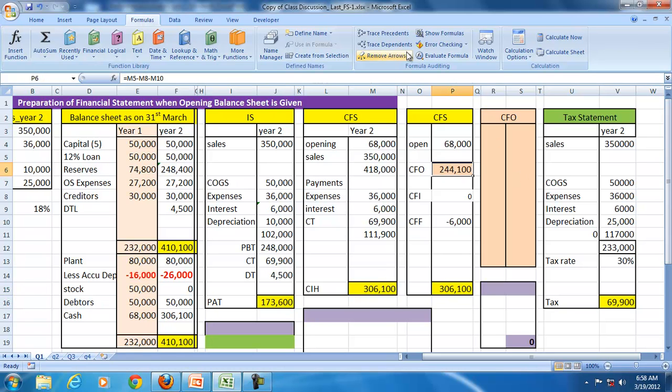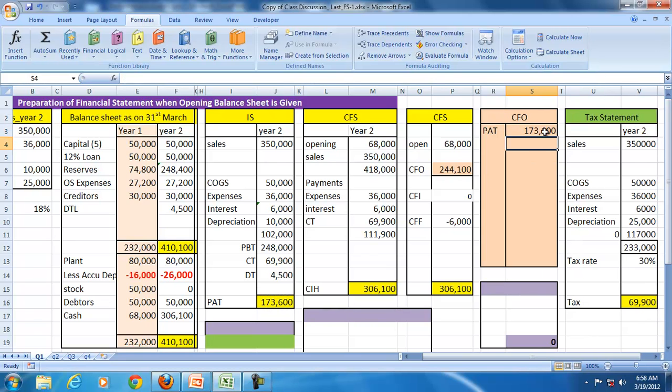But the business has generated a cash from operation of 244,100. At this juncture, we should also be in a position to answer this question: the company has a PAT of 173,000, whereas the cash in hand is 244.